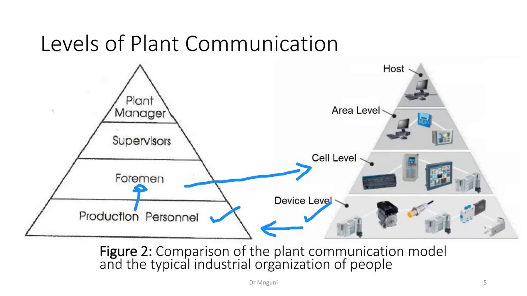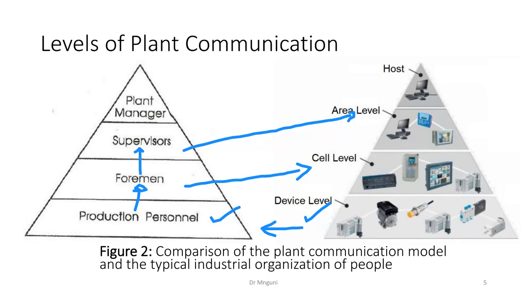And then the foreman needs to report to what we call a supervisor, okay? Now, a supervisor, in this case, we refer to as our area level, okay? And then the supervisor will monitor what is happening through the foreman.